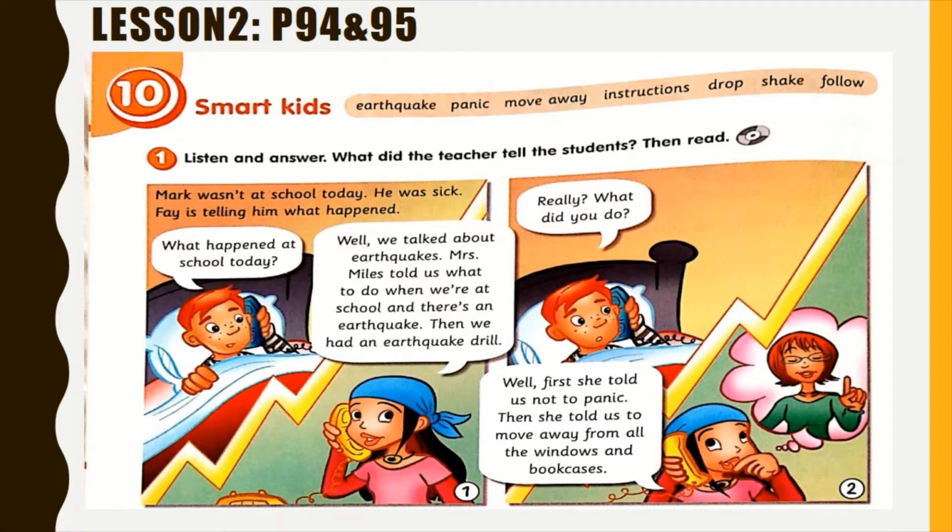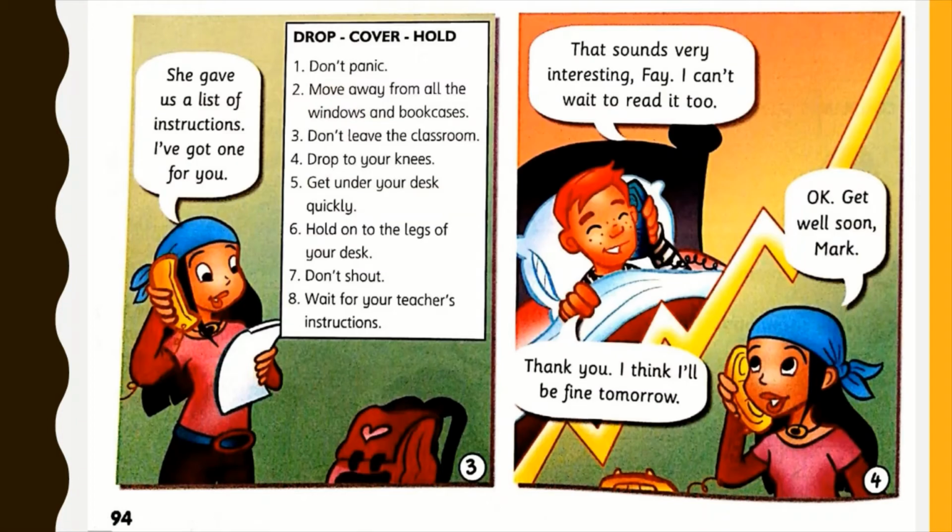Well, first she told us not to panic. Then she told us to move away from all the windows and bookcases. She gave us a list of instructions. I've got one for you. That sounds very interesting, Faye. I can't wait to read it too. Okay, get well soon, Mark. Thank you. I think I will be fine tomorrow.